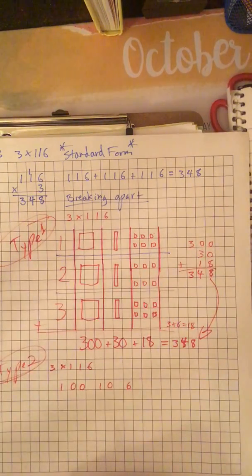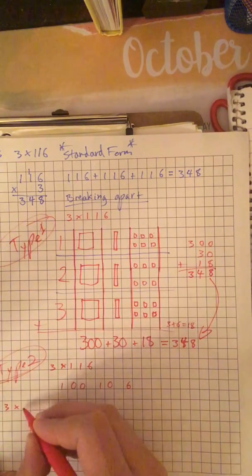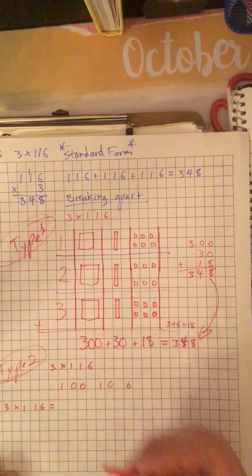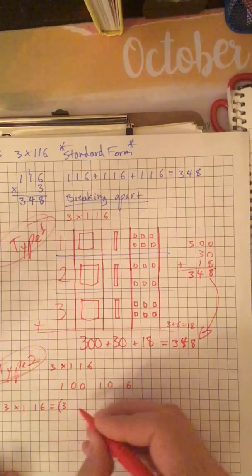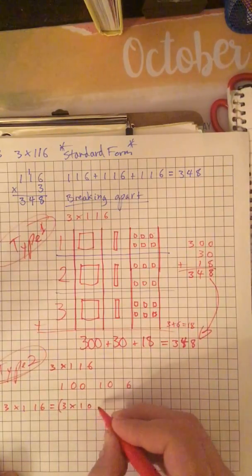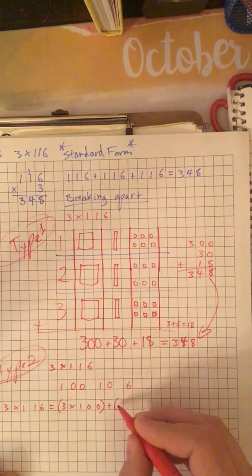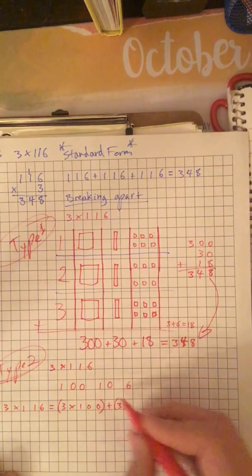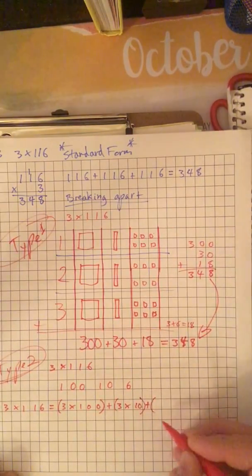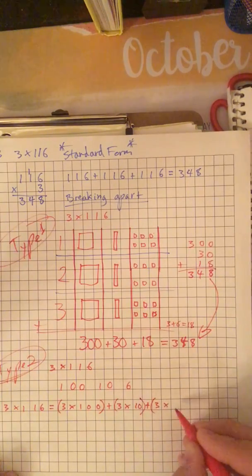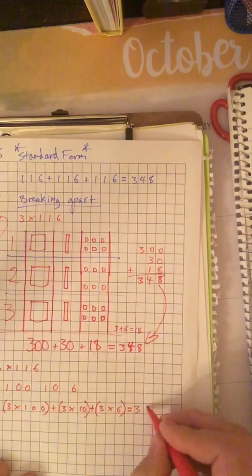Well, let's write that as a number sentence. We know that 3 times 116 is going to be equal to 3 times 100 plus 3 times 10 plus 3 times 6, which would give me 348.